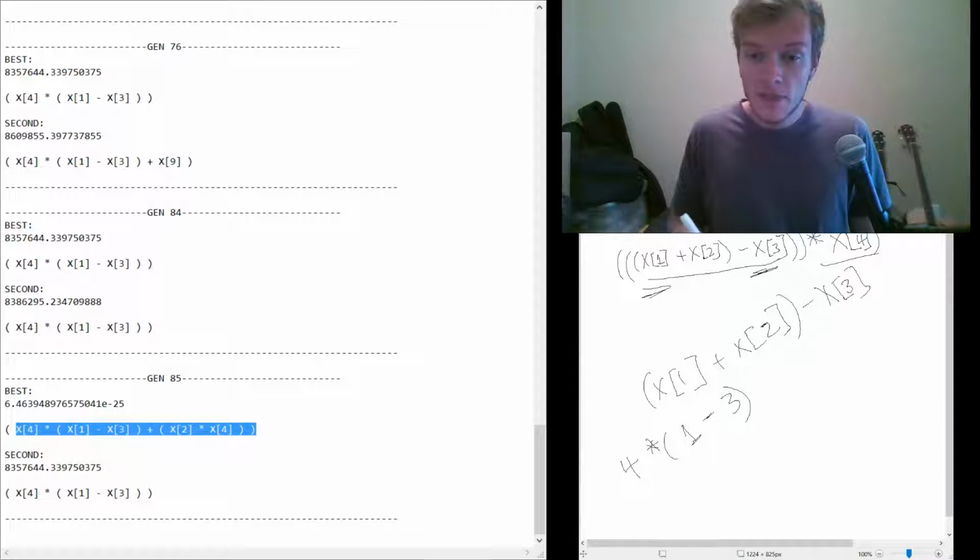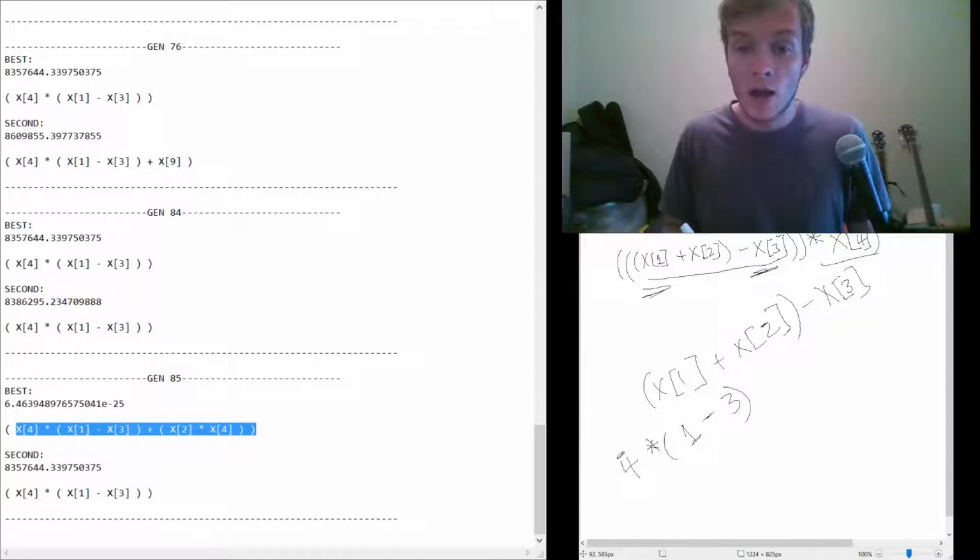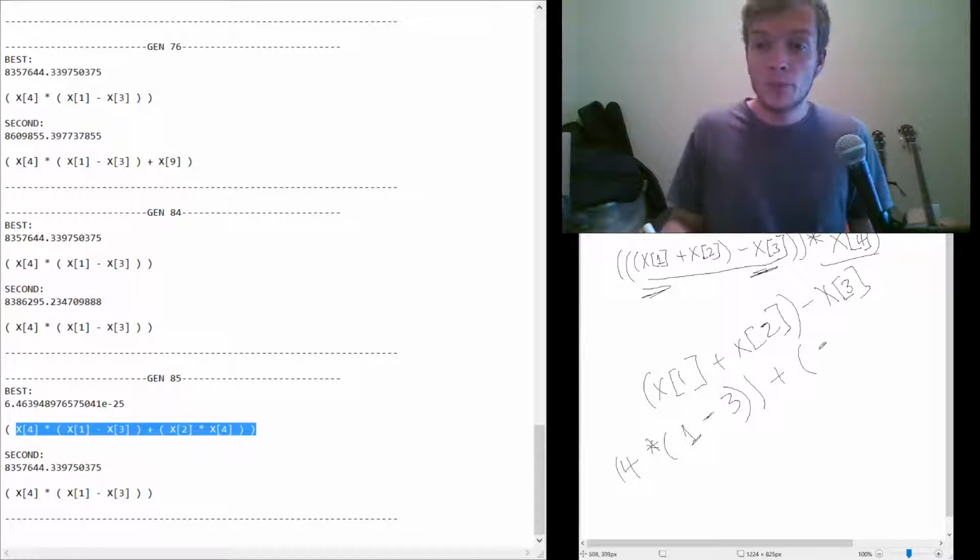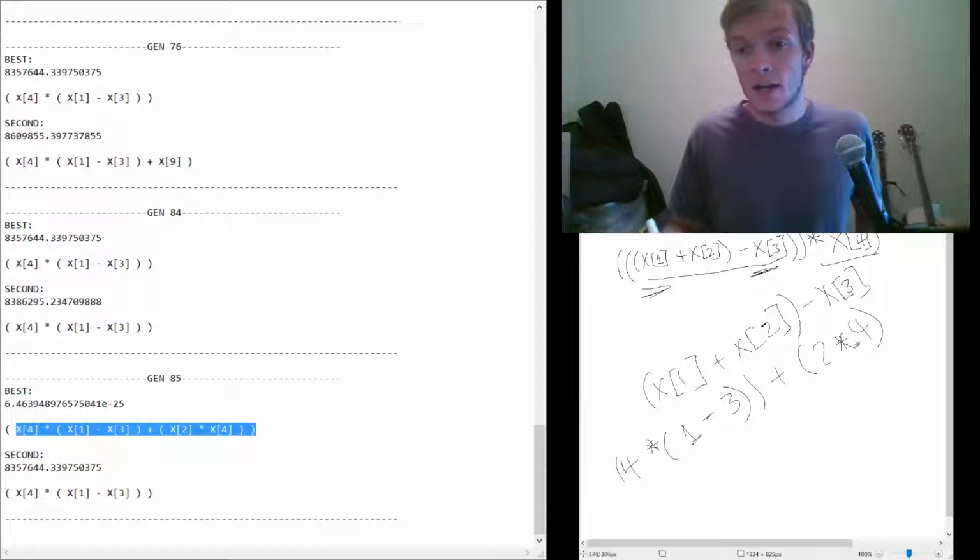And I believe that this is all added to, because of the order of operations for how this is working out, essentially this is what's happening. This is multiplying by 2 times 4. So if you factor this and bring the 4 out to the front, it is 1 plus 2 minus 3 all times 4.